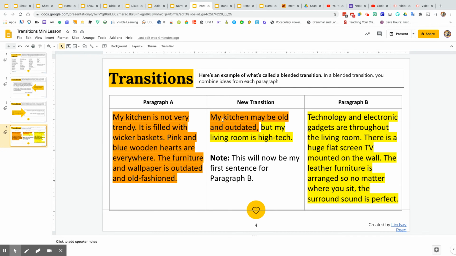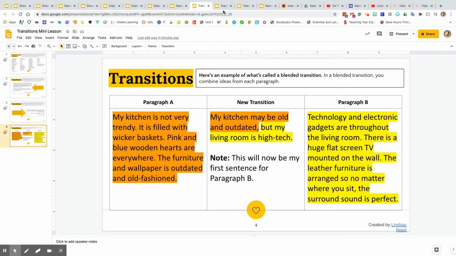So you can see the orange here relates back to my paragraph A, the yellow relates back to my paragraph B. And this is how I decided to combine the two sets of ideas so that I could make a clear transition sentence. "My kitchen may be old and outdated, but my living room is high tech." And so now this transition would become my first sentence here, and that will help my narrative or my essay, whatever I'm writing, flow more smoothly.